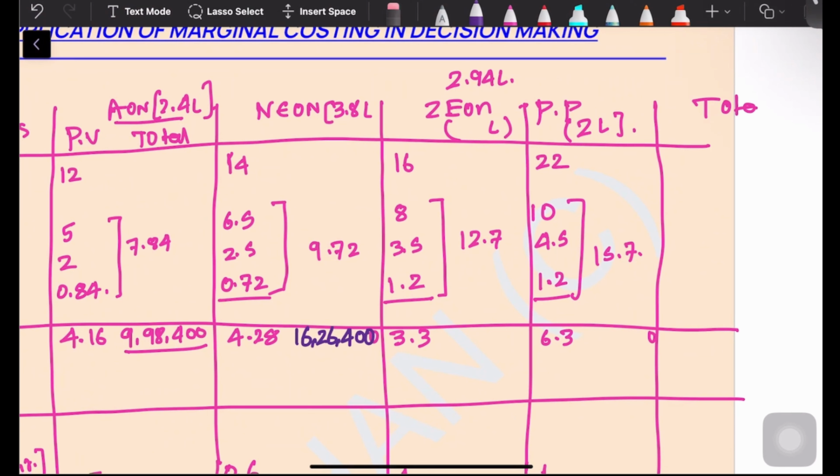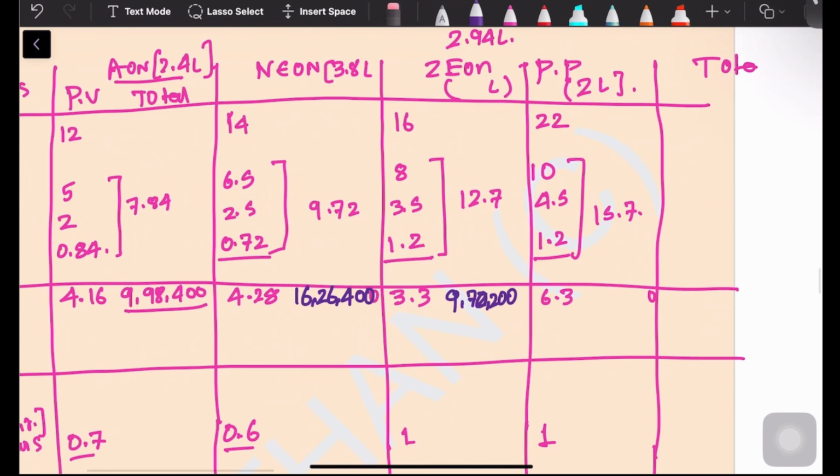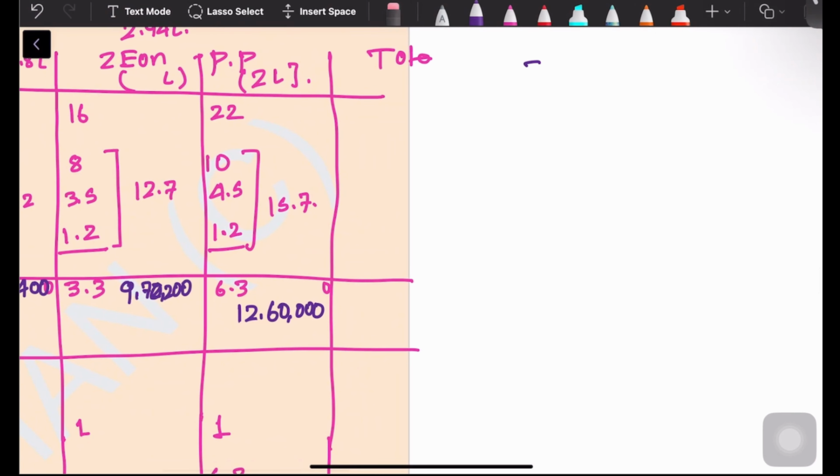So right now we will take 2.94 lakh into 3.3 contribution per unit, 9,70,200. Then last one is PP. 2 lakh into 6.3, 12,60,000. We will also take Xeon purchase, which is 56,000.